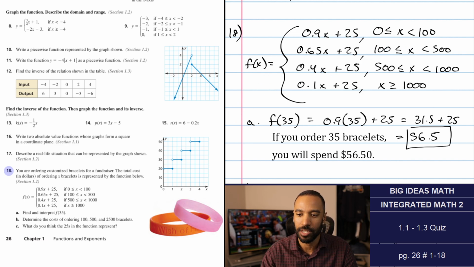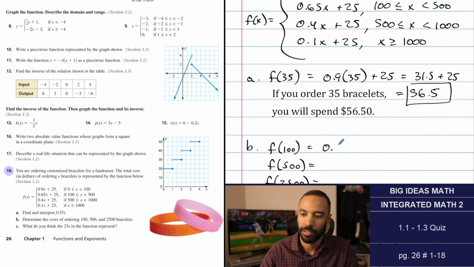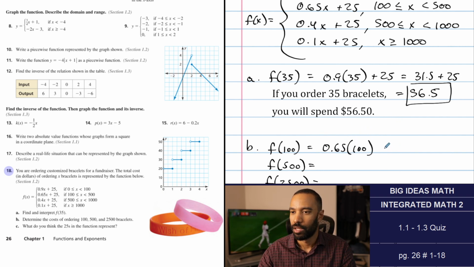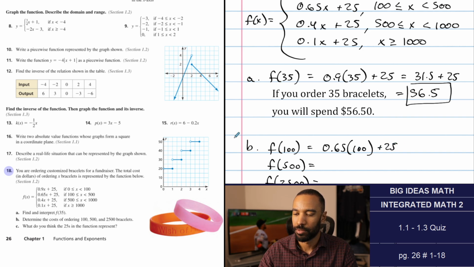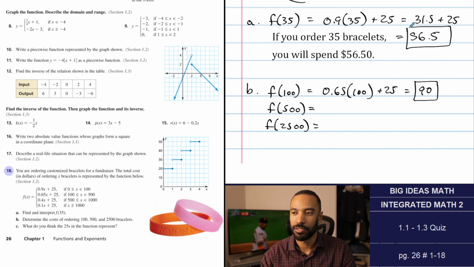So we're going to do 0.65 times 100 plus 25, which is 65 plus 25, which is 90. So you order 100 bracelets, you'll spend $90.